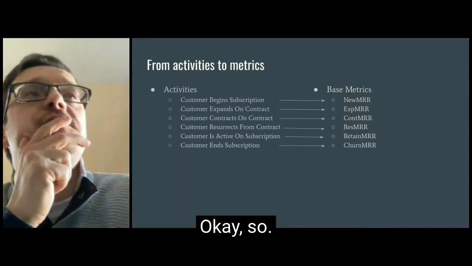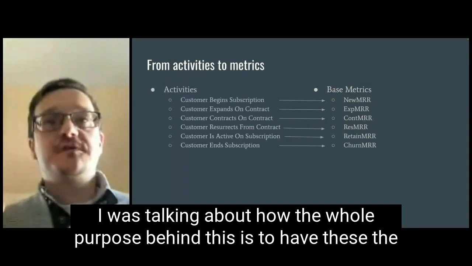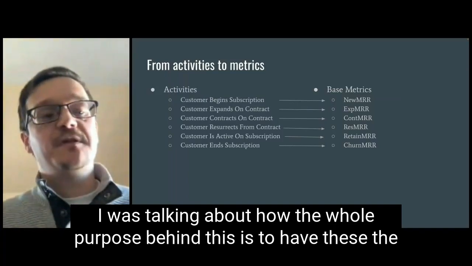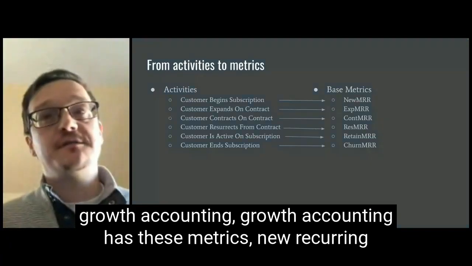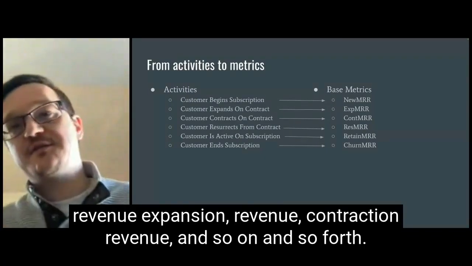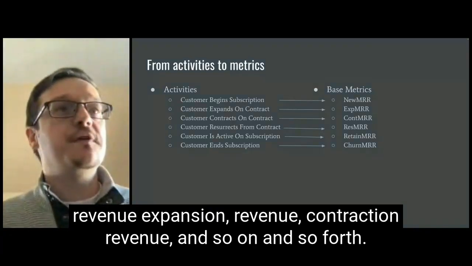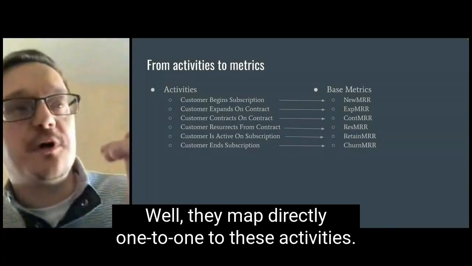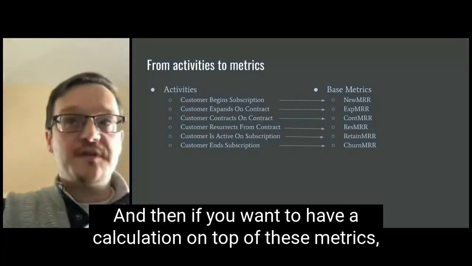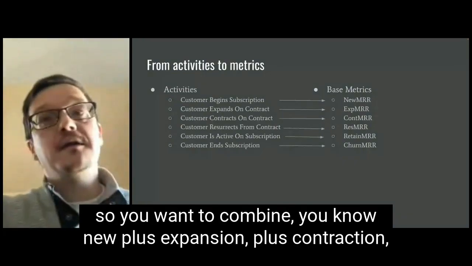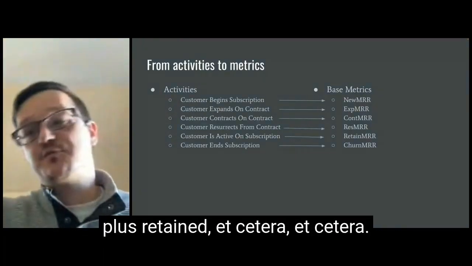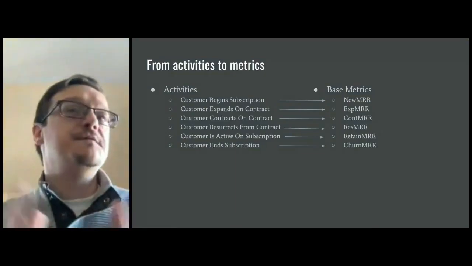Okay, so I was talking about how the whole purpose behind this is to have the growth accounting. Growth accounting has these metrics: new recurring revenue, expansion revenue, contraction revenue, and so on and so forth. Well, they map directly one-to-one to these activities. And then if you want to have a calculation on top of these metrics, so you want to combine new plus expansion plus contraction plus retained, et cetera, it's very easy to do.